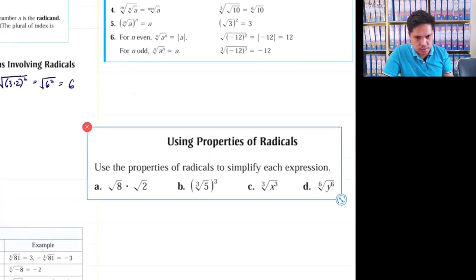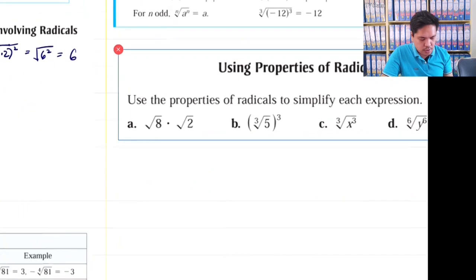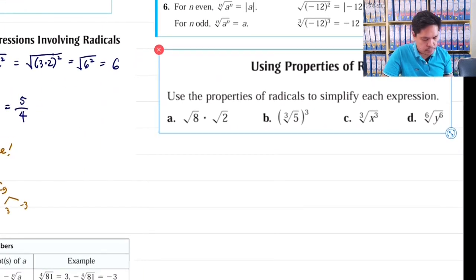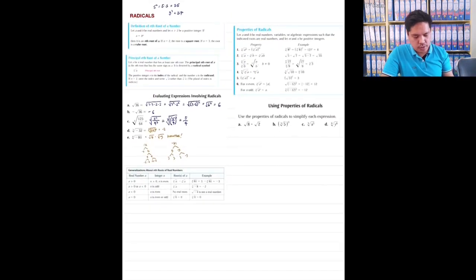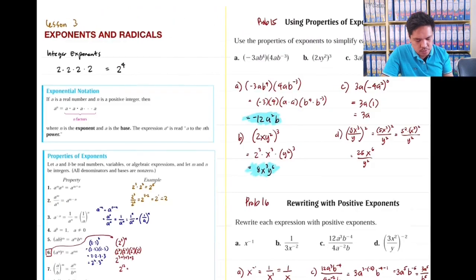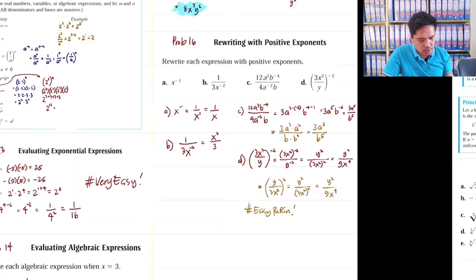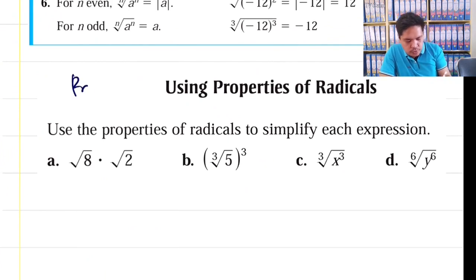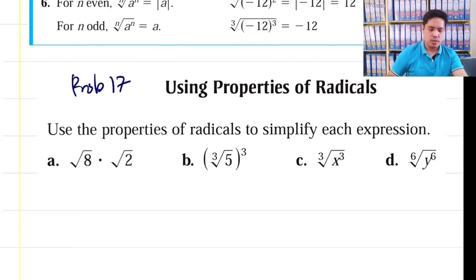Okay, this is now problem number, I skipped the space. Pero sige lang. I think you'll understand. Problem number 17 pa lang. So, problem 17. Using properties of radicals, use the properties of radicals to simplify each expression.